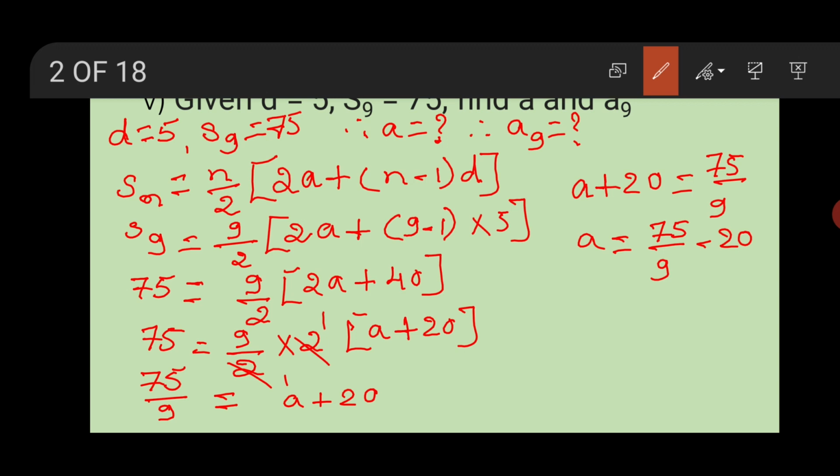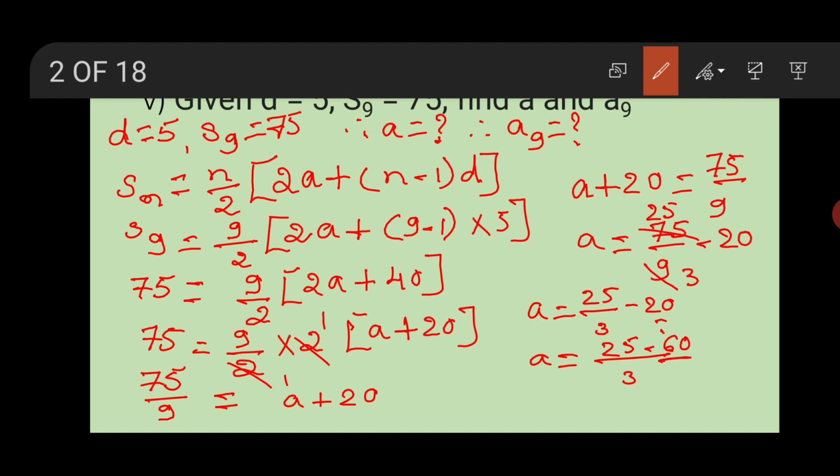Now you can simplify here. 3 threes are 9, 3 twos are 6, 3 fives are 15. Therefore, a is equal to 25 divided by 3 minus 20. Take the LCM here, 3; 20 divided by 1 is here, so cross multiply. 25 ones are 25 minus 3 twenties are 60.